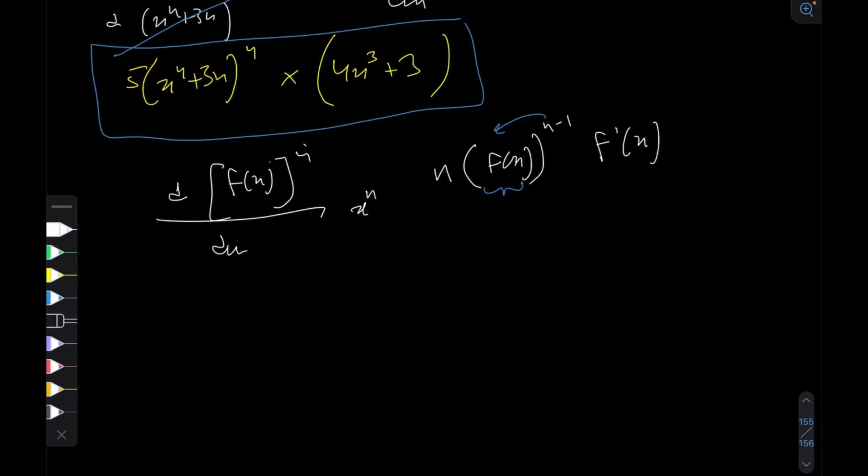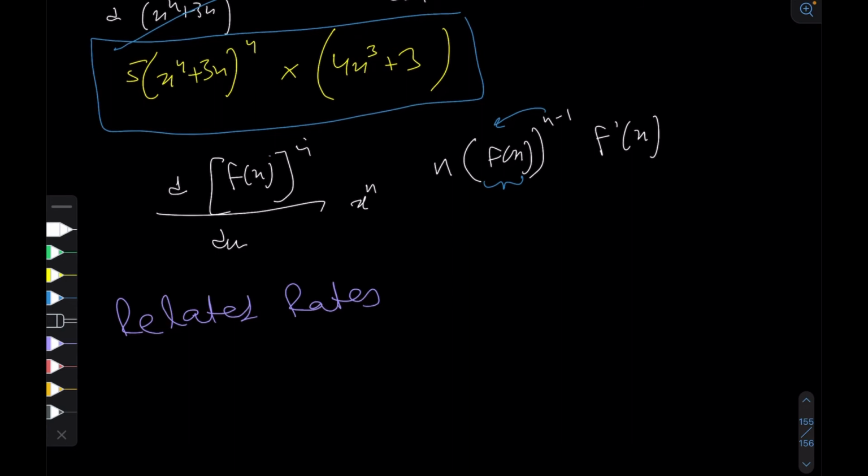So now we come to a subtopic where a lot of people start to find the use of calculus, right? It's called related rates. And the reason why some people find this section to be the one where they find the use of calculus is because this section has a lot of real life situations.